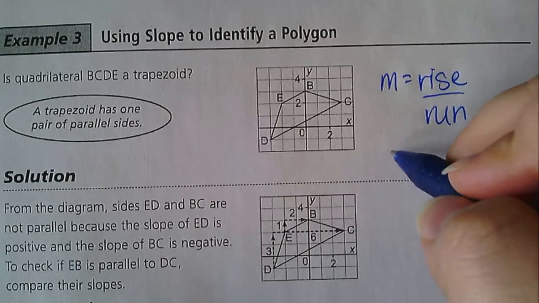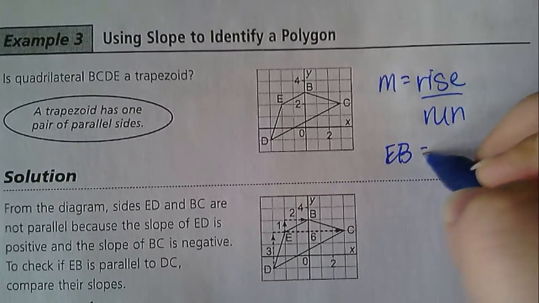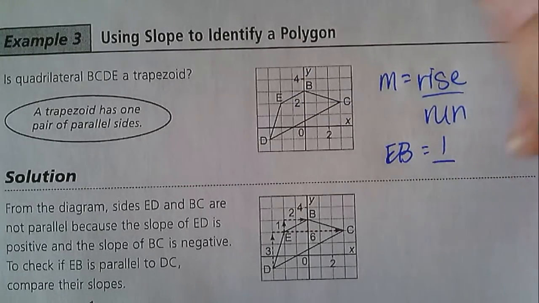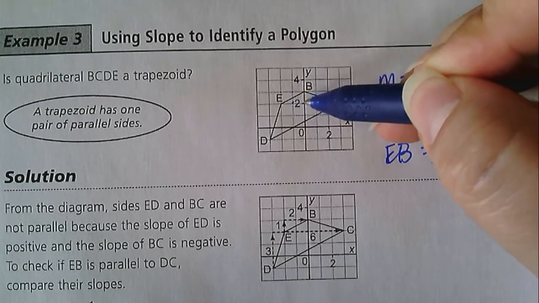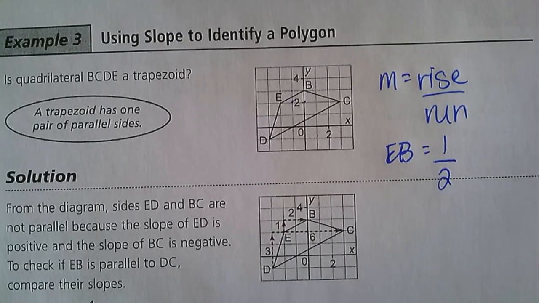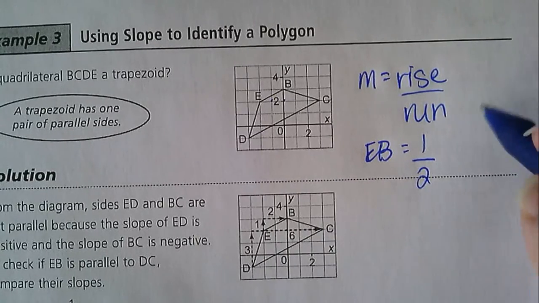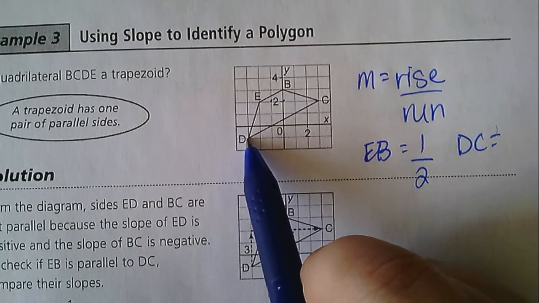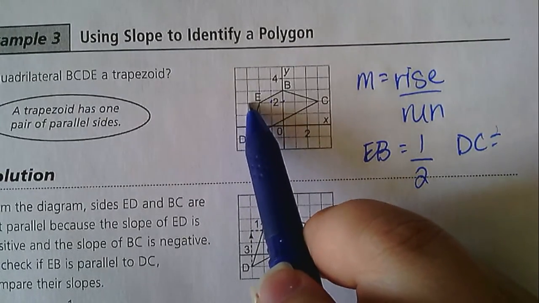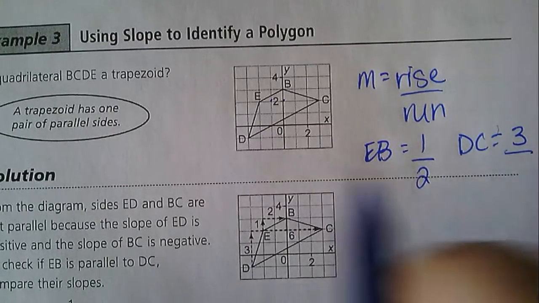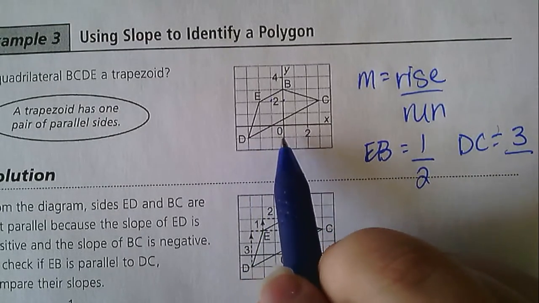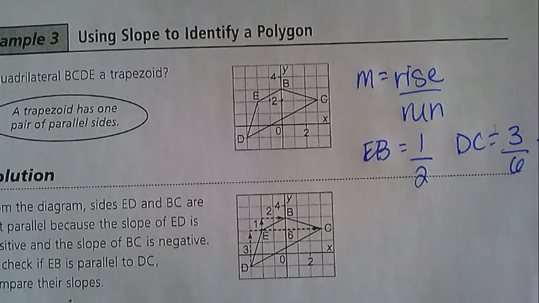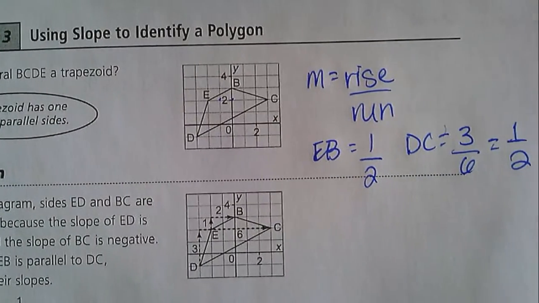If we look at line EB, our rise is 1. Our run is 1, 2, a positive 2. Let's take a look at DC. For DC, our rise is 1, 2, 3, and our run is 1, 2, 3, 4, 5, 6, which in lowest terms is 1/2.